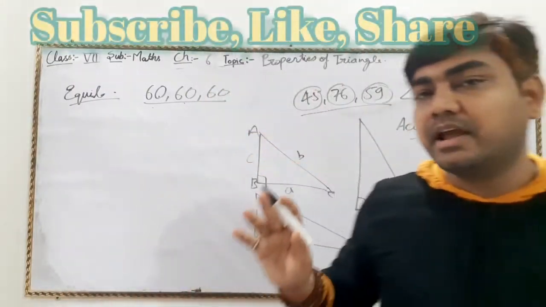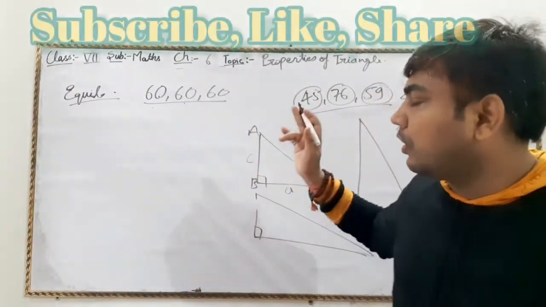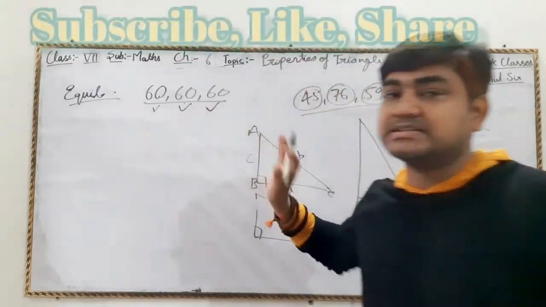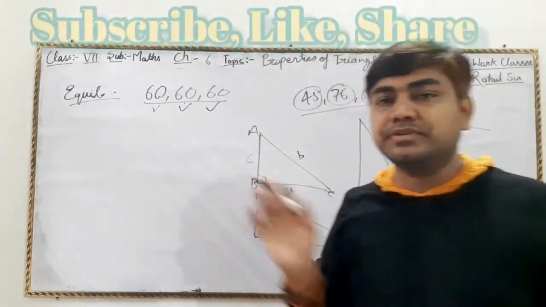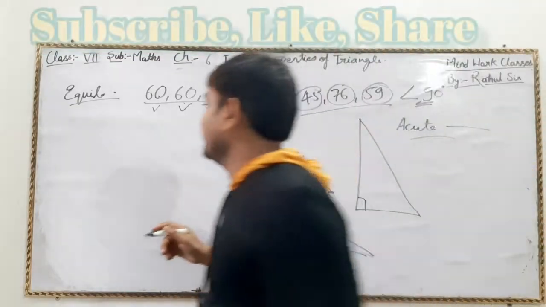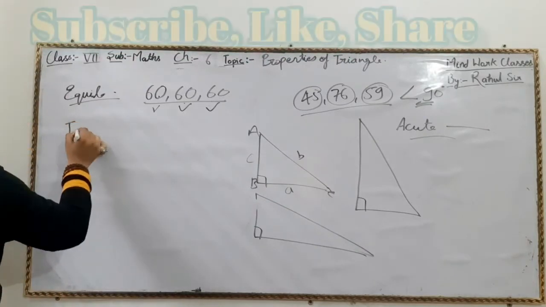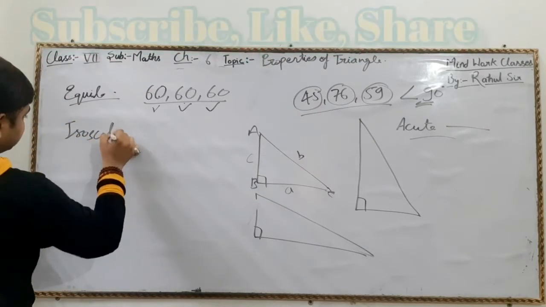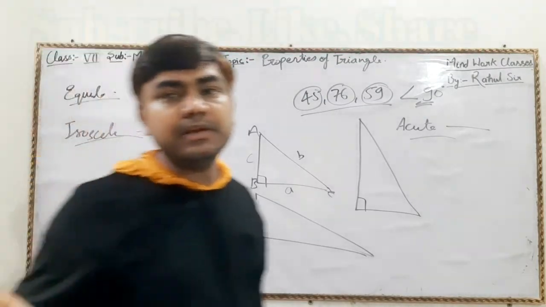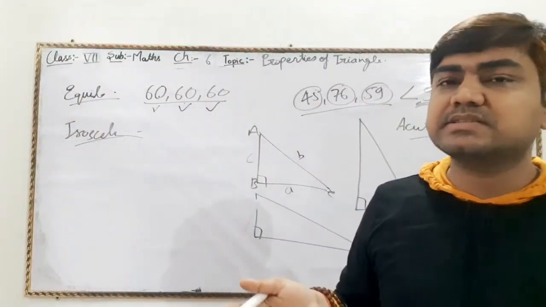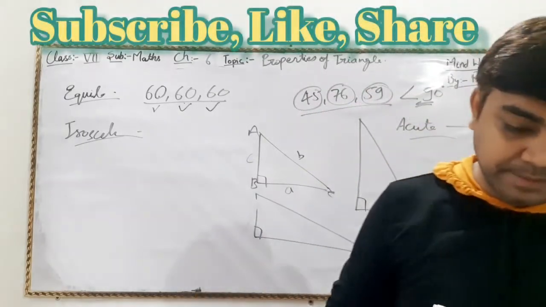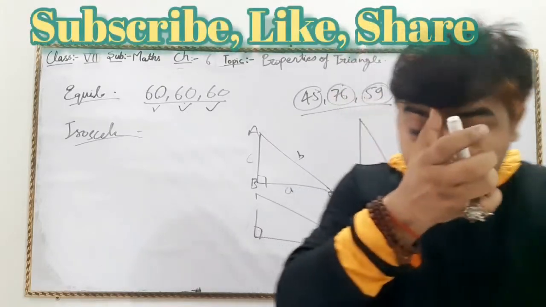If any triangle is an equilateral triangle, all three angles must be equal to 60, and only 60. Not 45, not 50, not 70. For an isosceles triangle, two angles can be equal and the third one should be different.